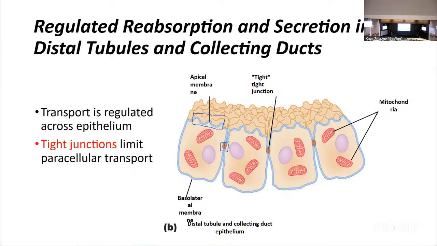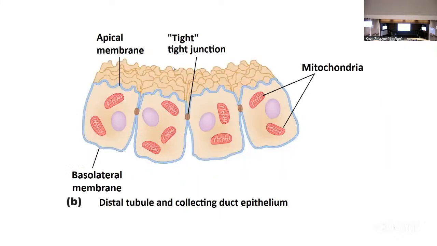So these are limiting our paracellular transport. So we're not going to have stuff sneaking between our cells here. Okay? And this means that we're going to be able to force stuff to go all the way through a cell, which is why we're going to be able to regulate movement across this cell layer with hormones.